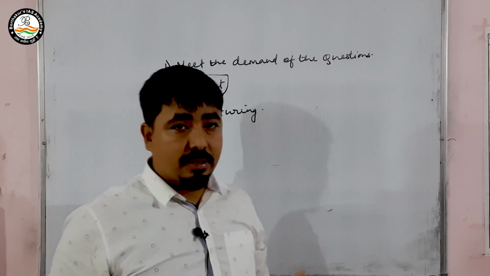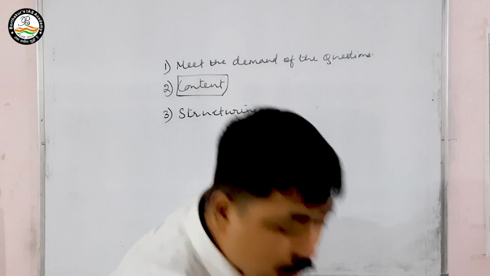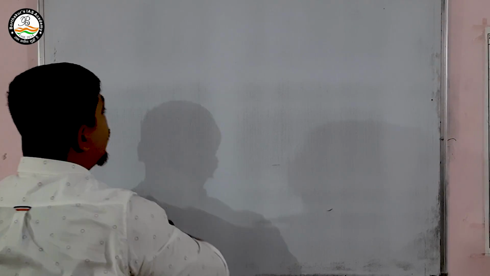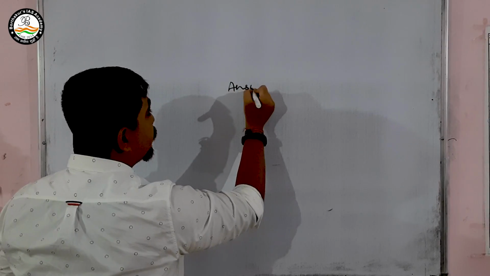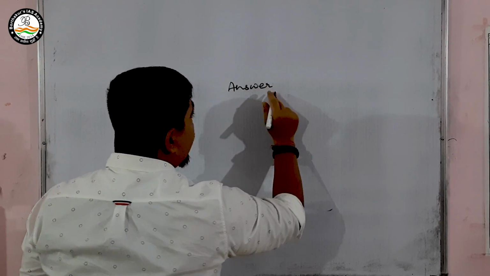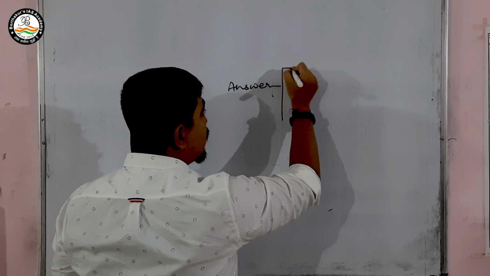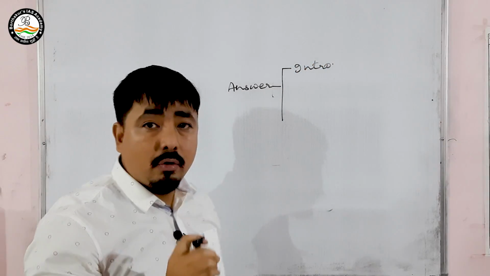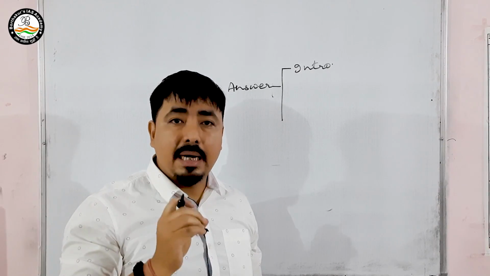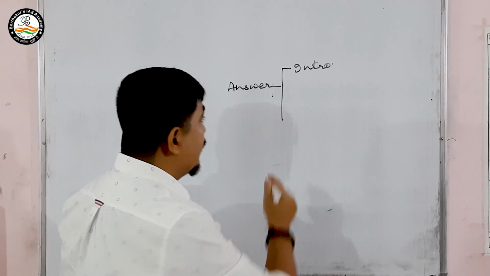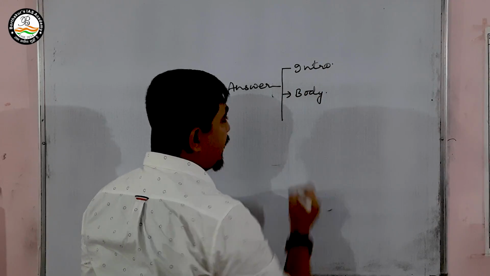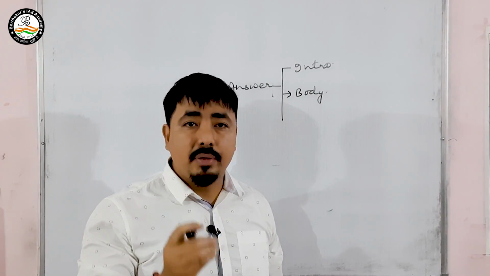If I talk about structuring of the answer, a proper answer has basically 3 parts. First, the answer should have a proper intro. Second, the answer should have the proper body, formed according to the requirement of the question.